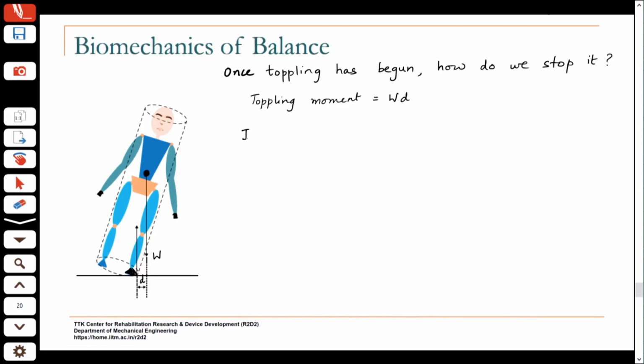So, if the body has a fixed configuration, nothing can be done, because there is no way of counteracting this increasing angular momentum.